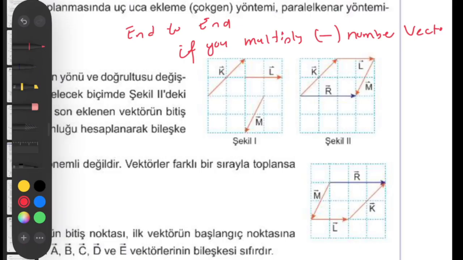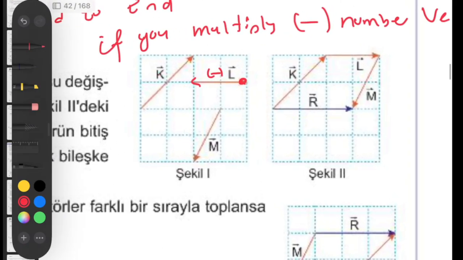If you multiply L with minus, you're going to change the direction. If you multiply M with minus any number, this is going to change the direction. If you multiply by negative K, you're going to change the direction.